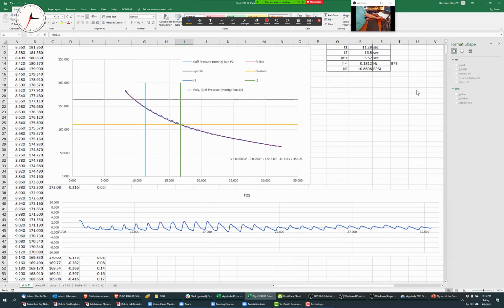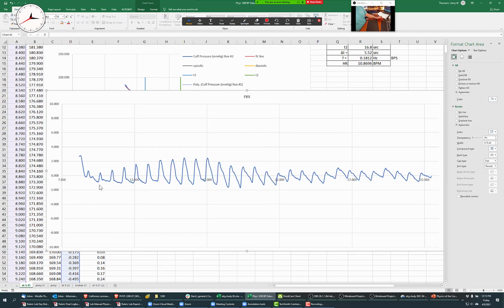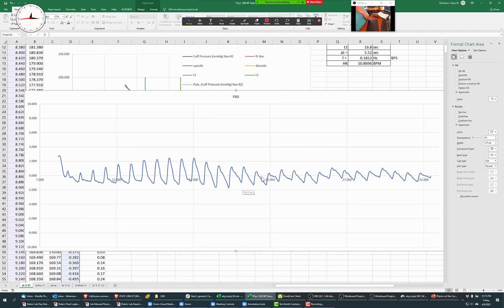So we had decided, I think, when we looked at the residuals for the diastolic, to see where it was no longer able to track the lowest pressure.